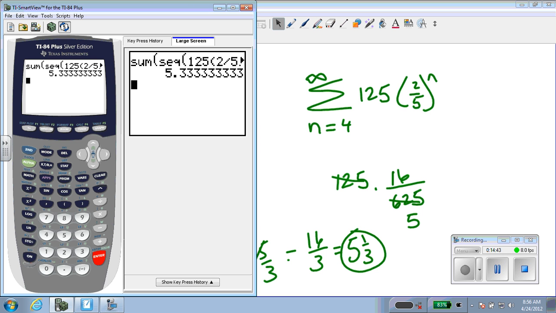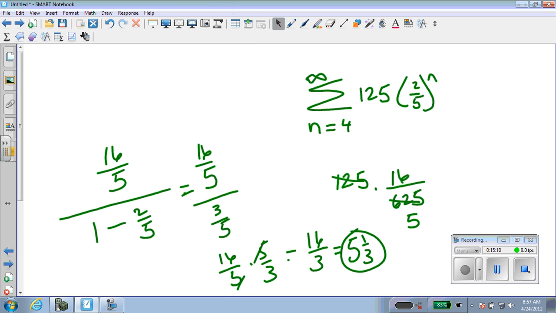And it's showing 5.3 repeating. Maybe I think it's going to be something different, so I could go to 70 and see what happens. It's staying the same. So it is 5.3 repeating. So that's infinite series for a geometric sequence. Okay.